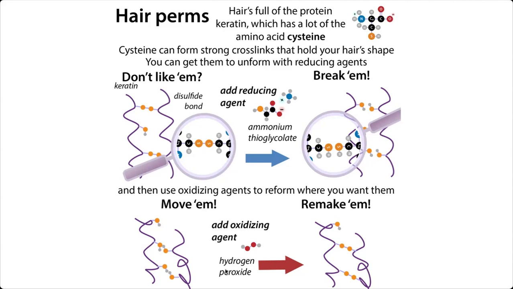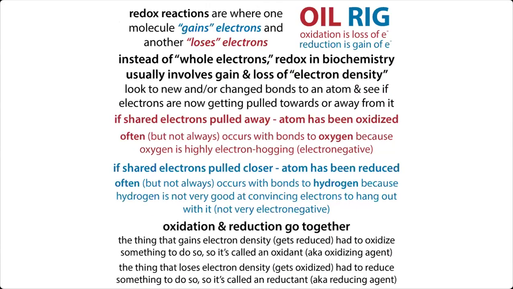Once you've put the hair in the shape that you want it in, that's going to allow new bonds to form that hold in place this new shape, as opposed to the old shape that you didn't want. So if you were to break those bonds, then curl your hair up around curlers, then add this oxidizing agent, now those crosslinks are going to form in the form that's going to hold together that new style.